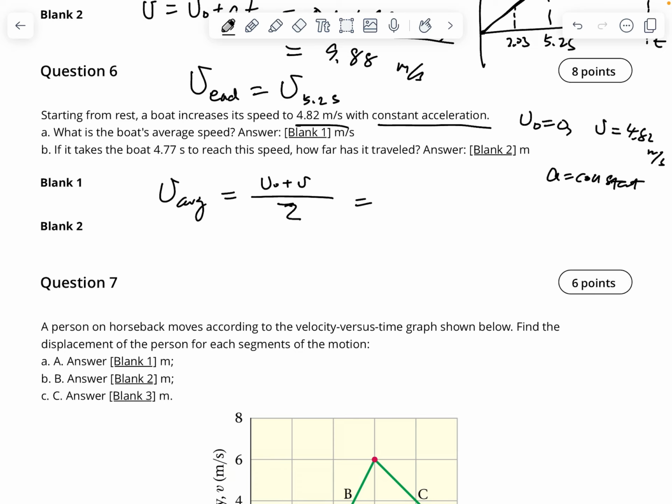So this equals 0 plus 4.82 divided by 2, which equals 2.41 meter per second.